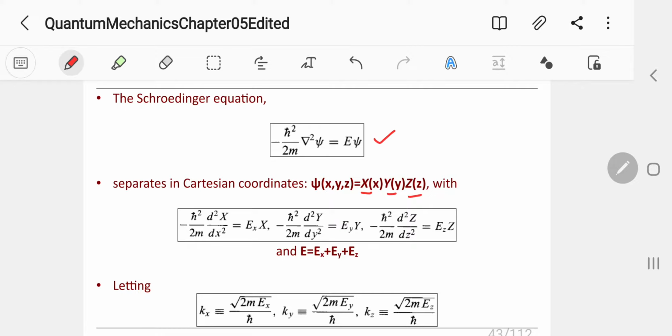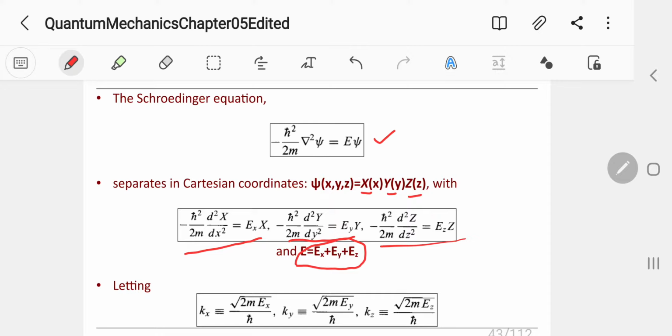So we can then separate the differential equation into three, for x, for y, and for z, and then the total energy is the sum of the energy associated with x plus the one associated with y and the one associated with z, because while the wave functions can be multiplied, the energies associated with them can be added.